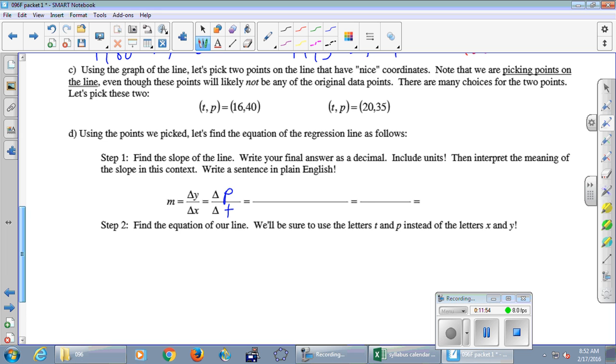Okay, so now we're subtracting the p values. Is that 16 and 20 or 40 and 35? Okay, so we'll do 40 minus 35. And then downstairs, 20 minus 16.